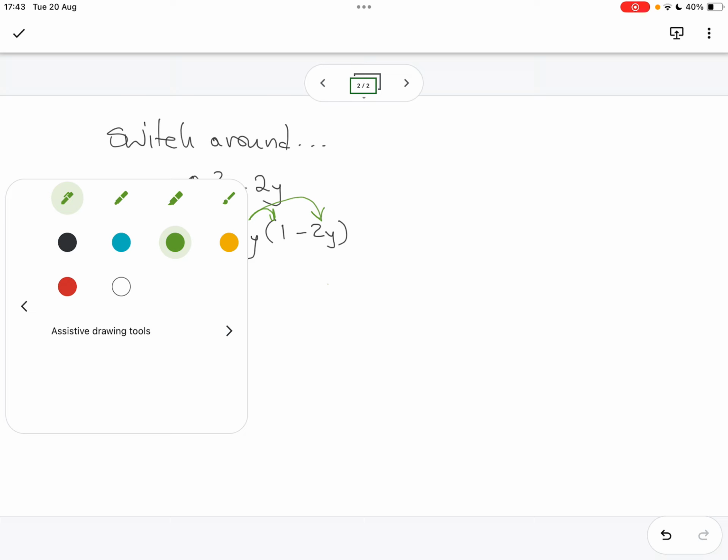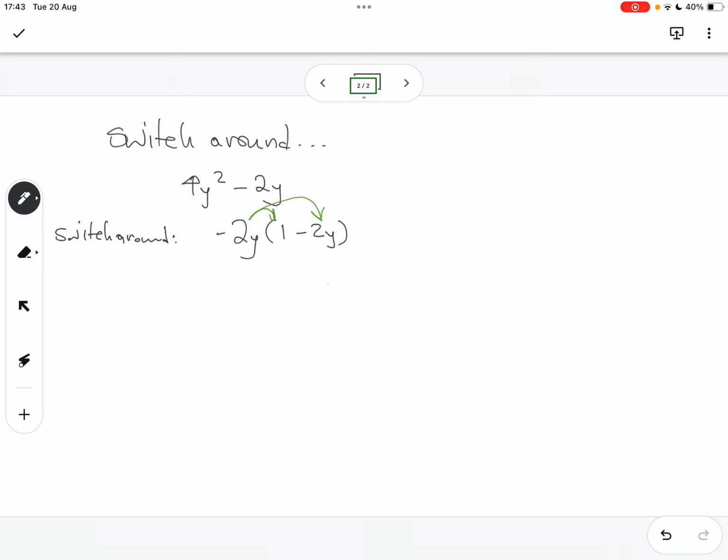But when we do that multiplying out, so we wrote this as a product, like it was said in the first paragraph, this is the product. So when we multiply there and multiply there, we get negative 2y plus 4y squared, which then equals 4y squared minus 2y. That's your switch around.